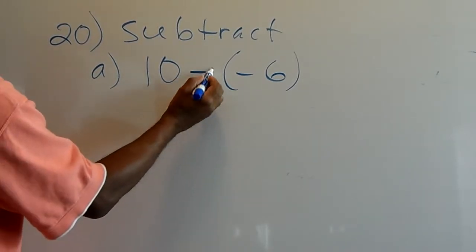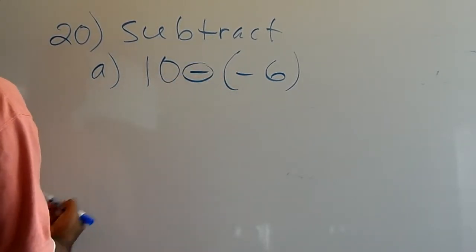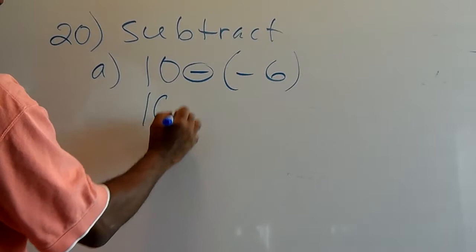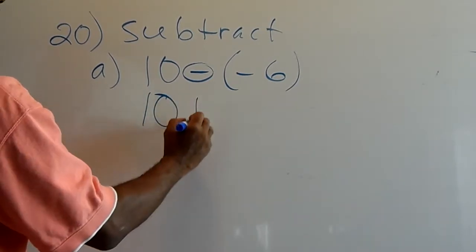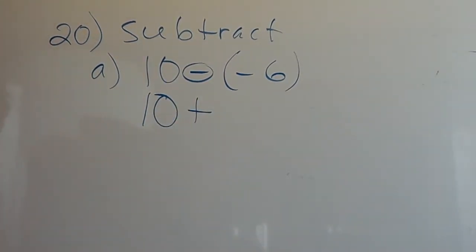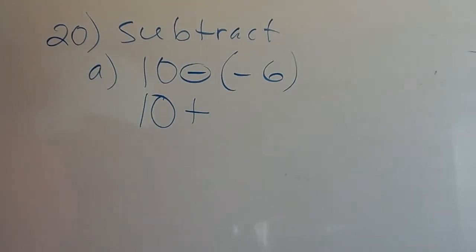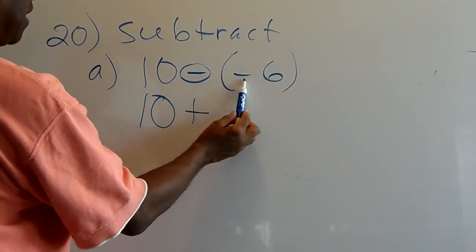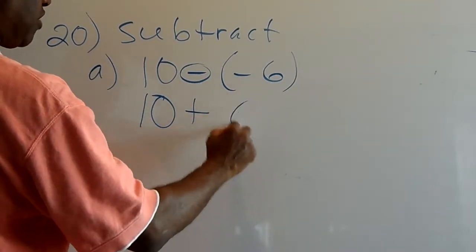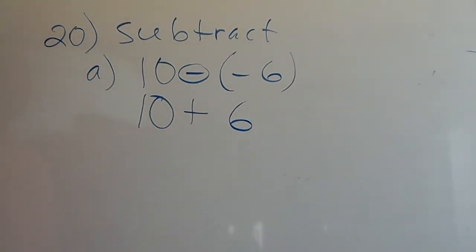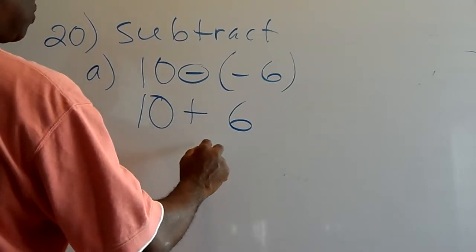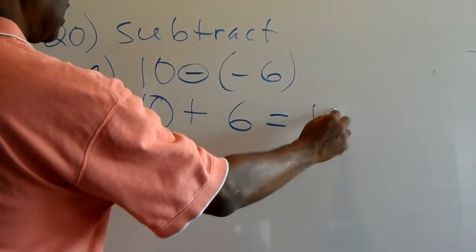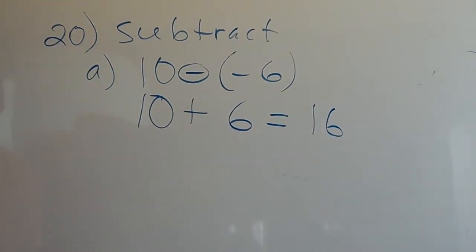Remember we said this is subtraction because there's a minus between the two numbers. We said when you have a subtraction problem, write it as an addition problem by putting a plus after the first number. And this is read the opposite of a minus 6. So we said minus minus 6 is 6. So it's 10 plus 6, which gives us 16.